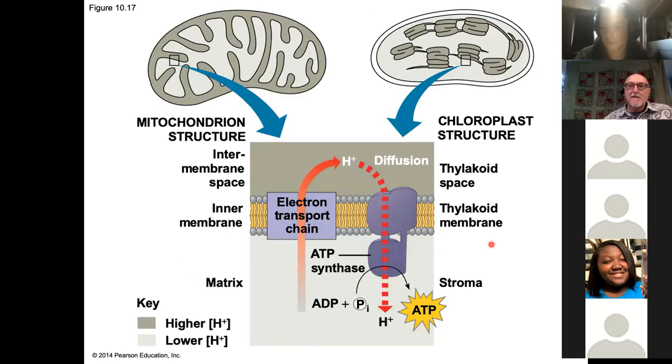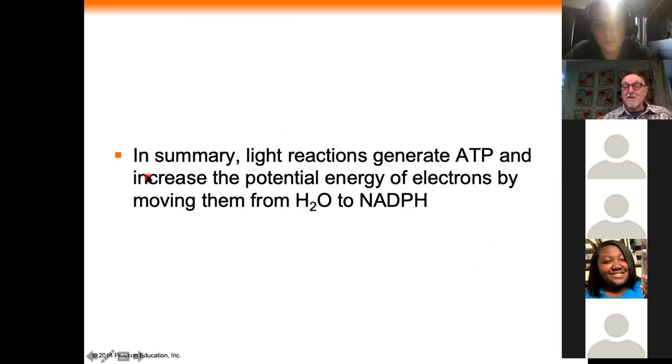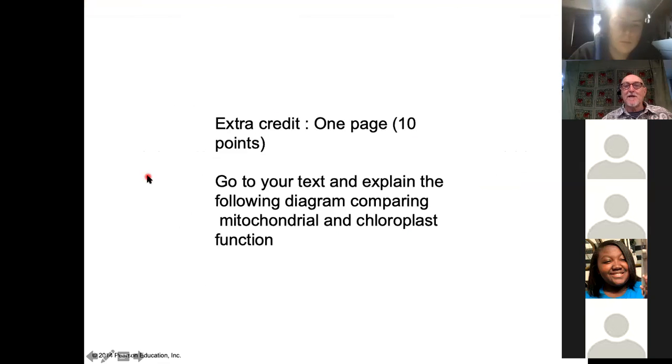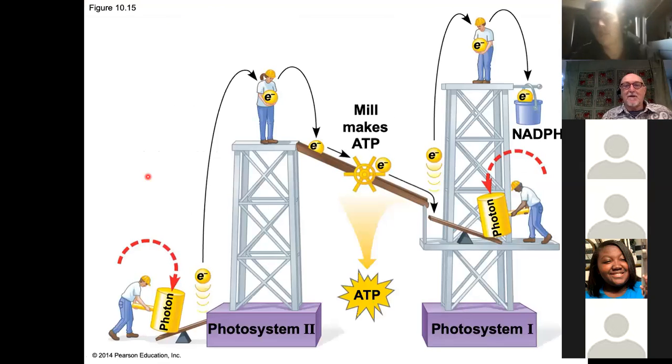It's a simple comparison between the two, and again, that'll be for 2%. Extra credit just means it gets added onto your total. So pay careful attention as I'm discussing these, because it'll help you there.